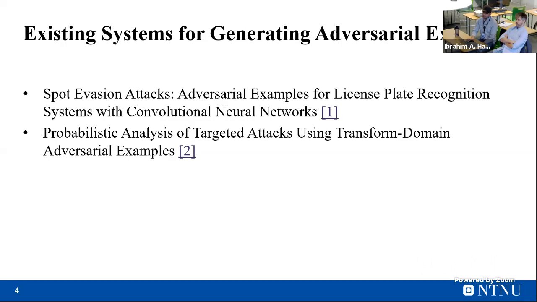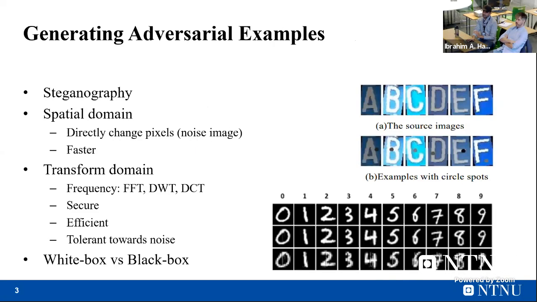The second one is the probabilistic analysis of targeted attacks using the transform domain. In this, they use the MNIST dataset and convert the MNIST image into the frequency domain. Then they carefully decide the watermark, which is a kind of secret information or noisy data added into the original image, decided using a CNN model.